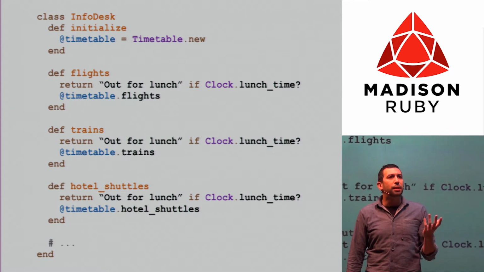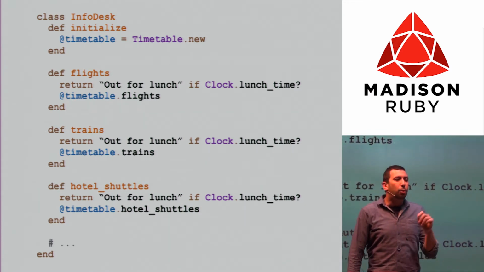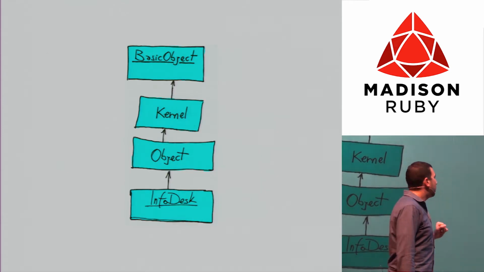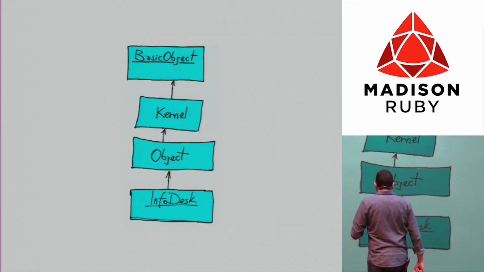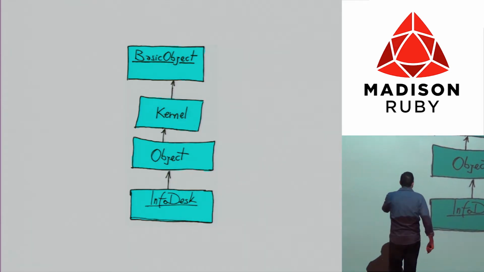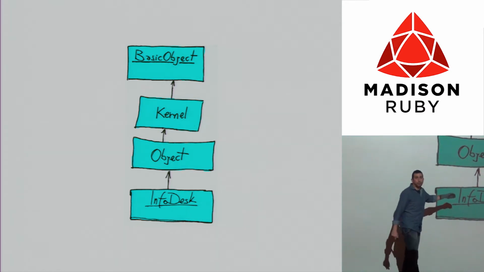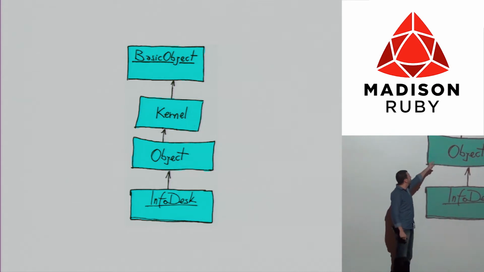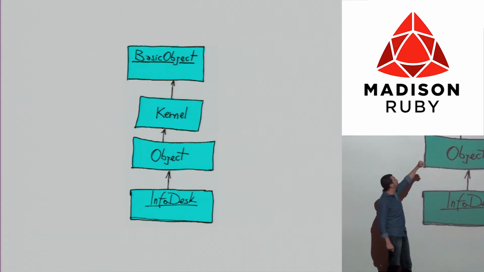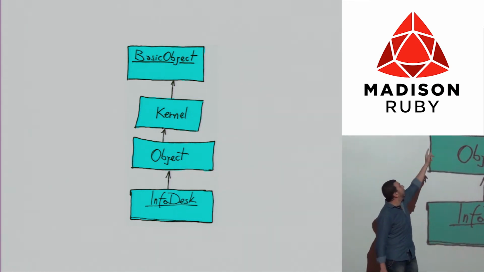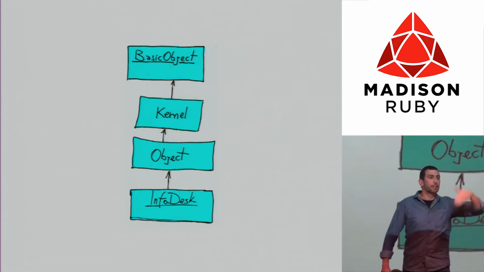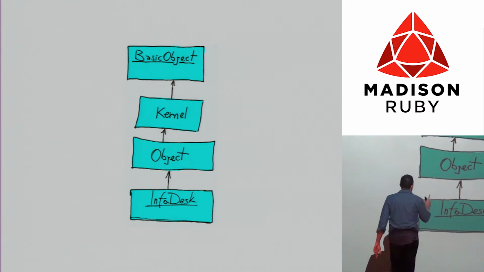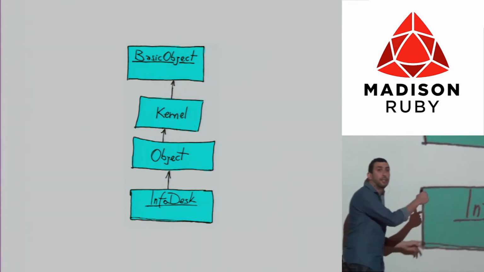Now, how can method_missing help us to remove this duplication? How does method_missing work for people who don't know? What happens when you call a method on a class like InfoDesk? In Ruby, each class has a chain of ancestors, typically through inheritance. So InfoDesk inherits from Object, which includes a module named Kernel, and inherits from BasicObject, so that's the chain. When you call a method on the InfoDesk, Ruby will go to the bottom of the chain and look for the method there.